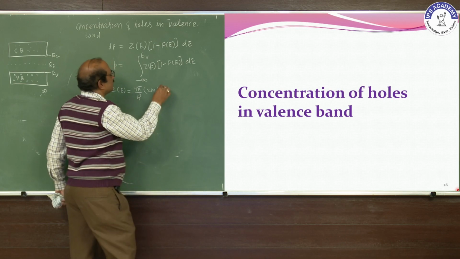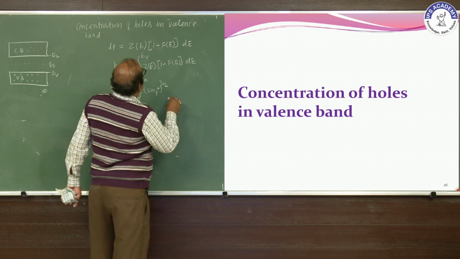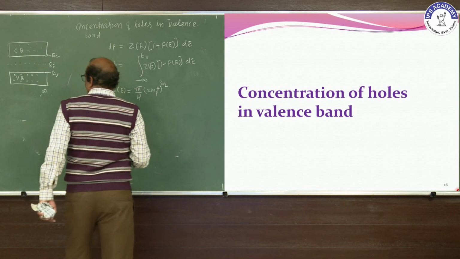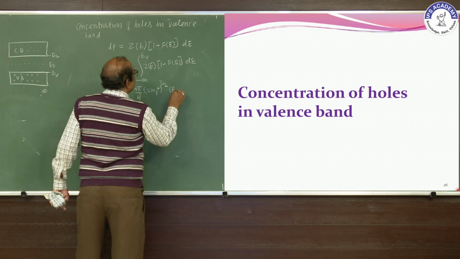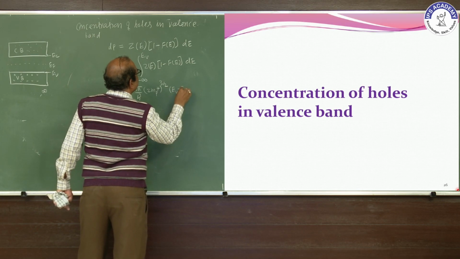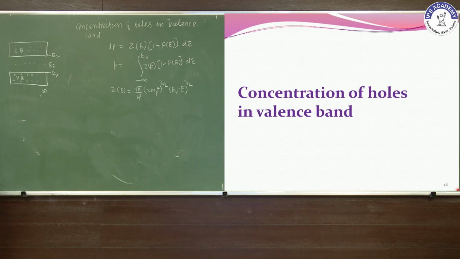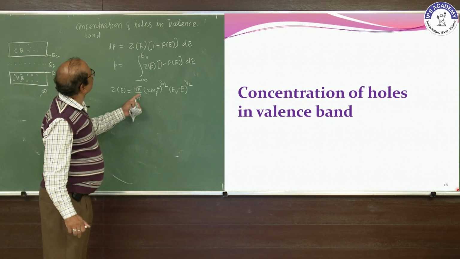Mp star is the effective mass of the hole, into (EV minus E) to the power 1 by 2. That is the density of states in the valence band.